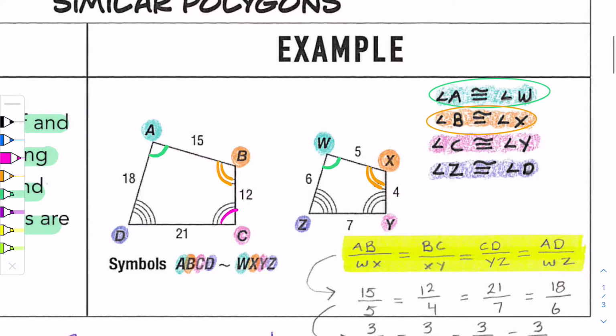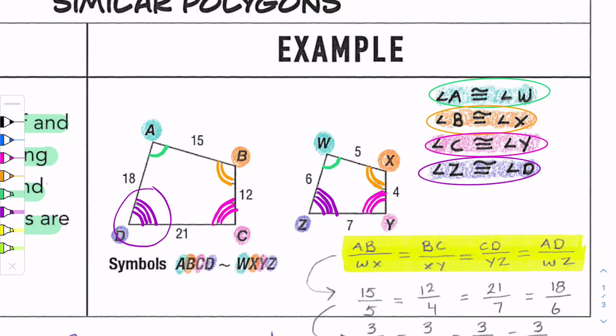Angle C and Y are congruent. And lastly, angle D and Z. Recall that when you're looking for congruent angles, you're looking to match the number of arcs that they have between the angles.